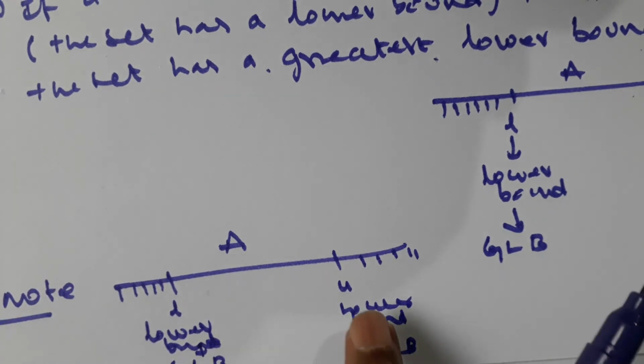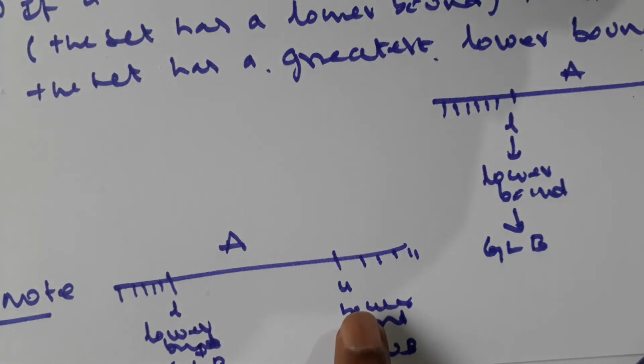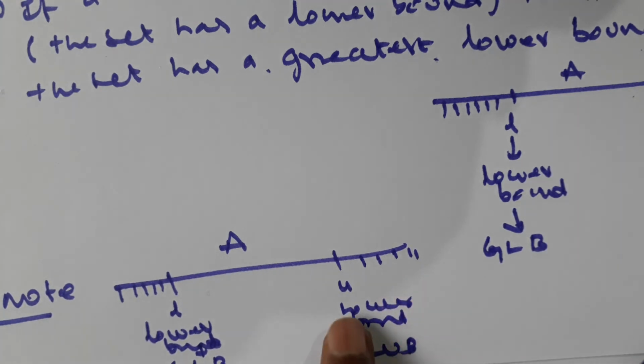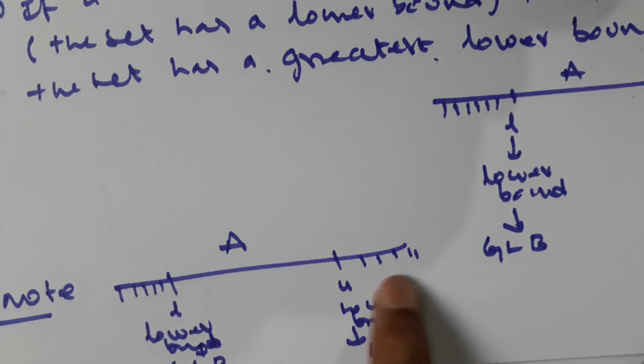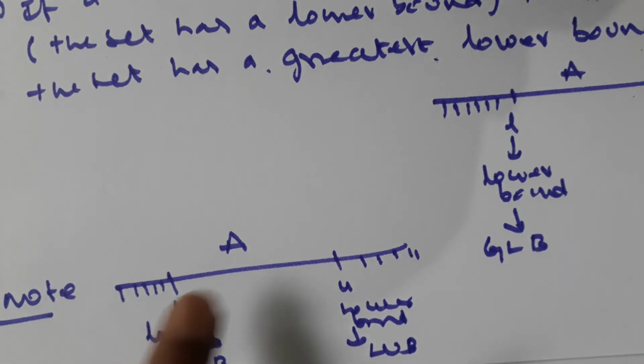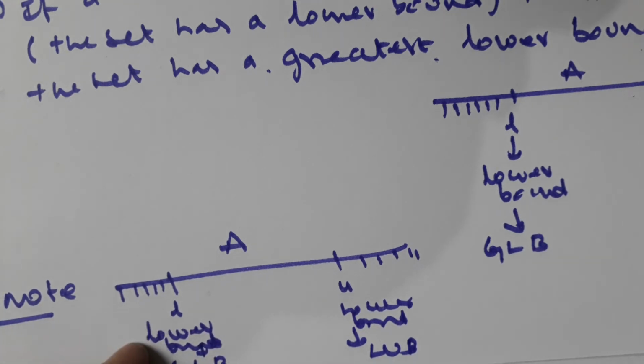So every bounded set, if it has an upper bound U, all the elements greater than U are also upper bounds, and this U is called the least upper bound, the least one among all the upper bounds. If L is a lower bound, all elements less than L are also lower bounds. Among all these lower bounds, L is the greatest one, so this is called the greatest lower bound.